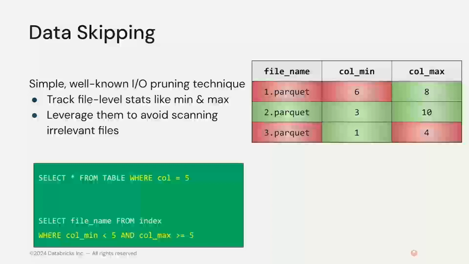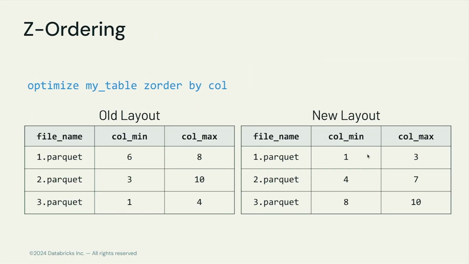So there is something that Delta offers called Z-ordering. Z-ordering is a way to sort the data so that in addition to partition pruning, you can make file skipping and data pruning super, super effective. We'll talk a little bit more about Z-ordering and liquid clustering later, but this is super powerful.